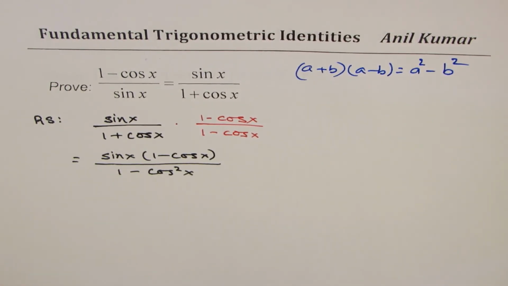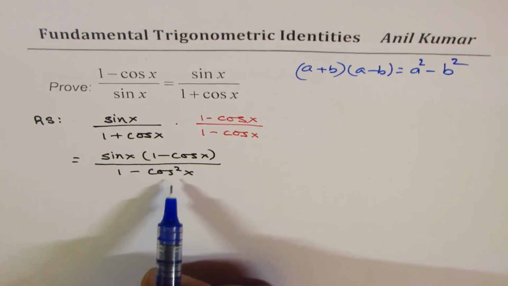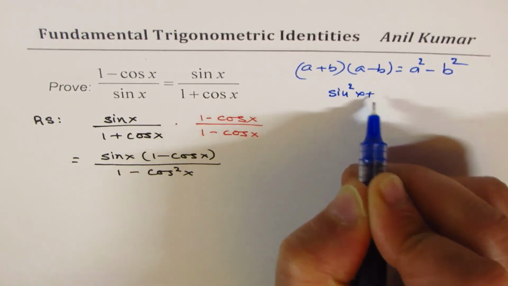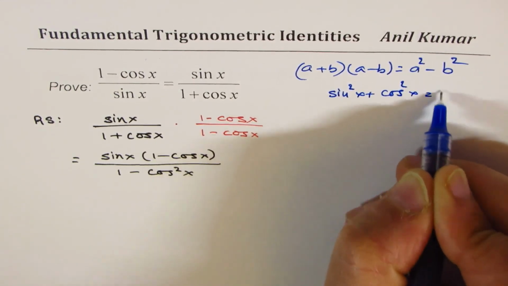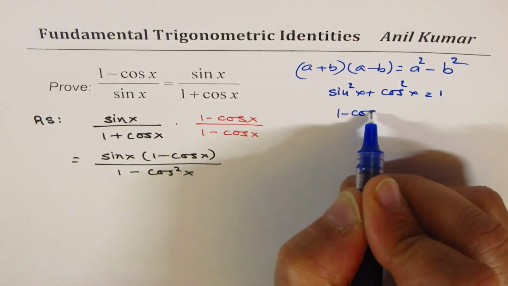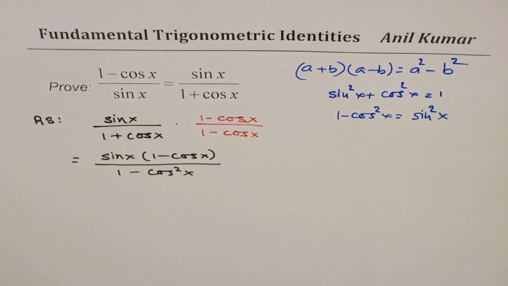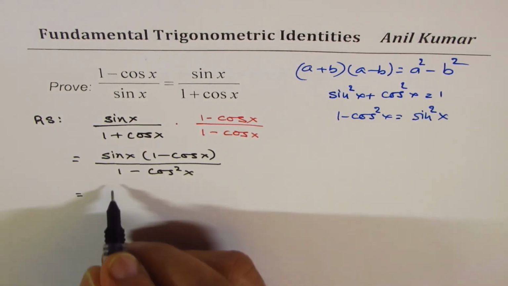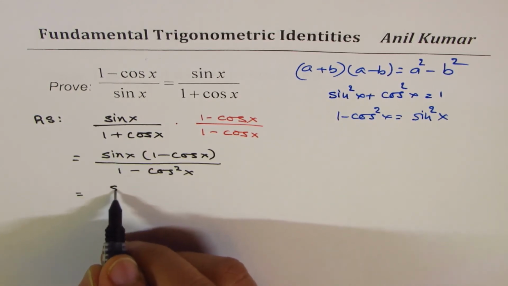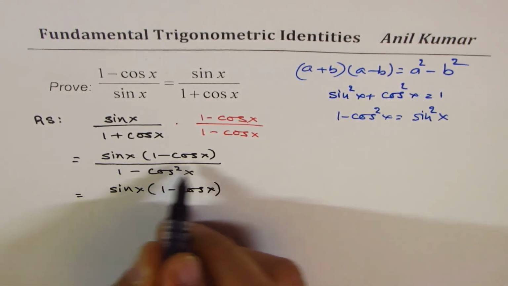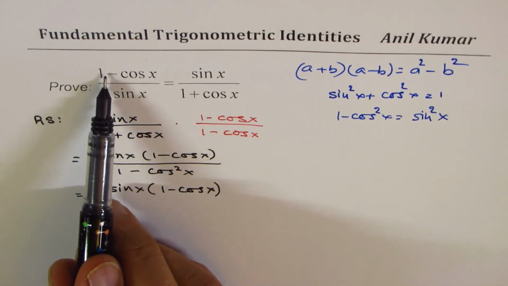cos square x. Now we also know that sin square x plus cos square x is equals to 1. So 1 minus cos square x is indeed sin square x, correct? So we get sin x times 1 minus cos x. We are not disturbing it since we need 1 minus cos x.